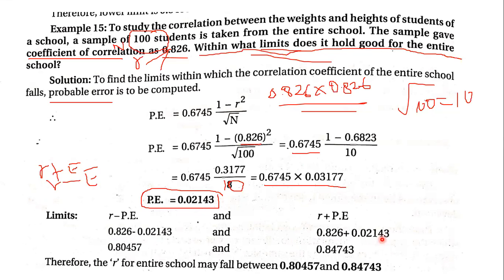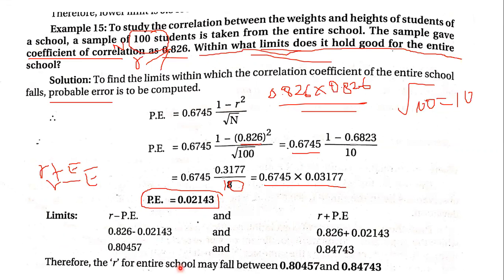This is the second part. Now, if you simplify here, the lower limit is going to be 0.80457 and the other limit 0.84743. This is going to be the other limit.